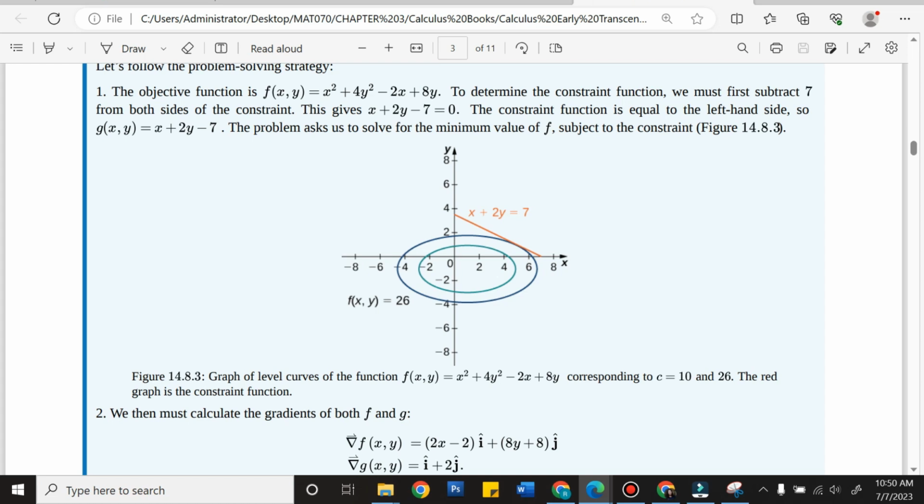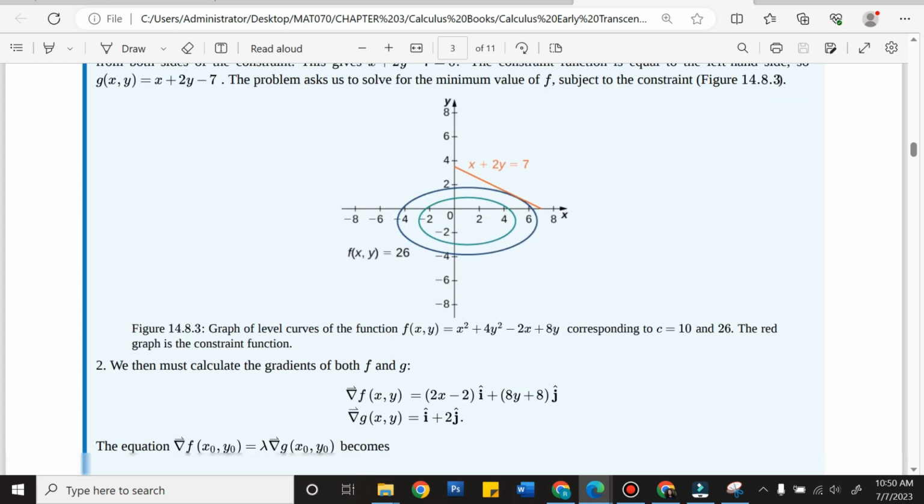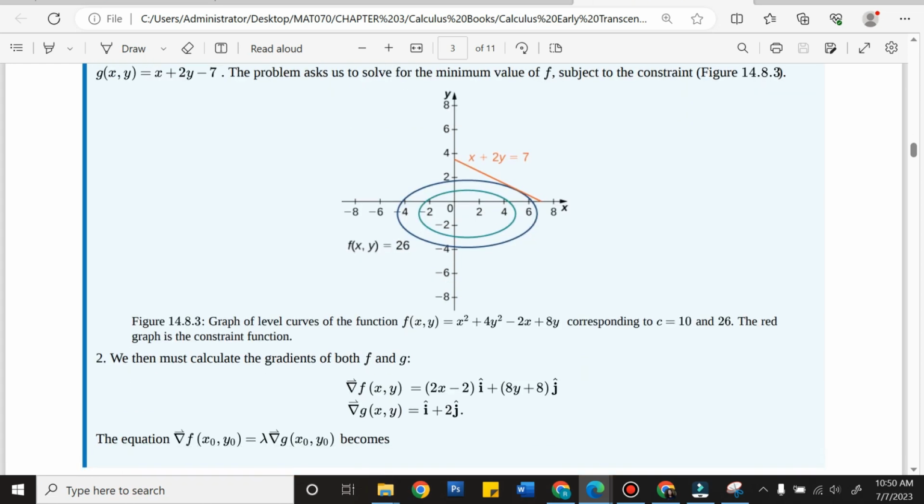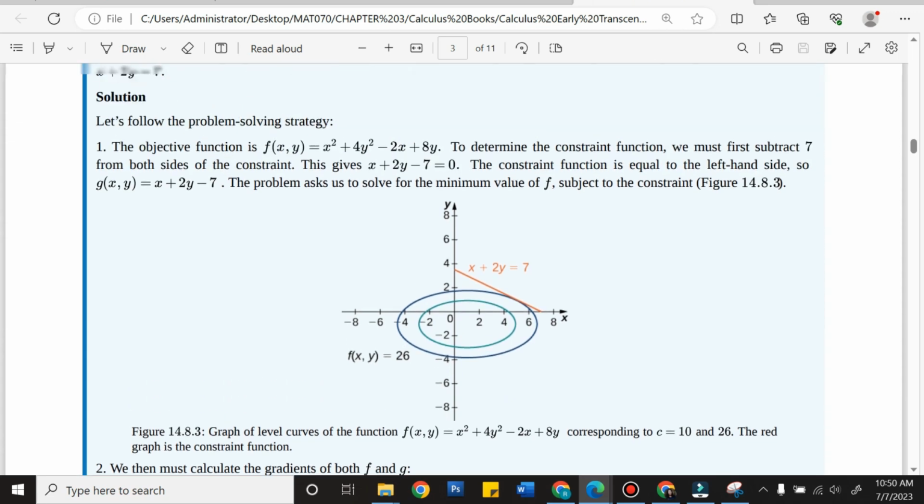Now, take note, class, that earlier these are circles. Okay? So, if we plot this, you will have this, and this is your line.